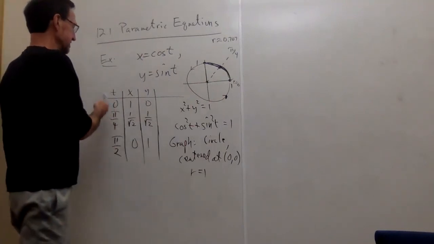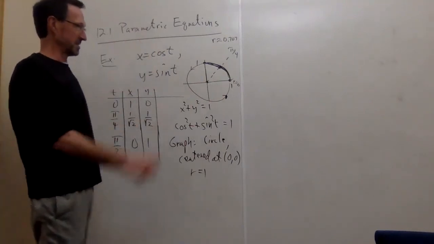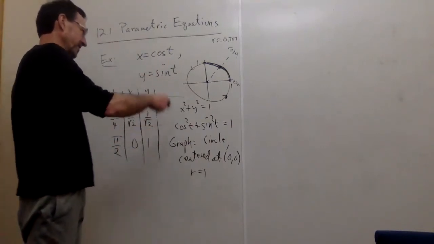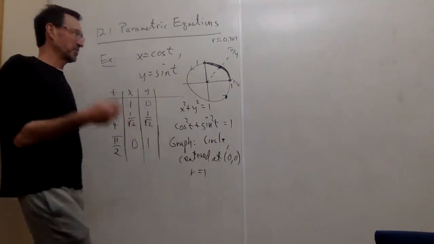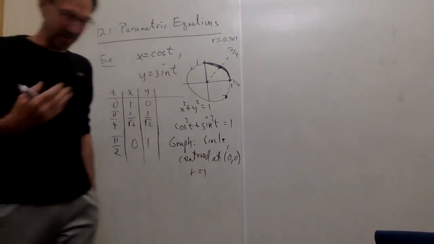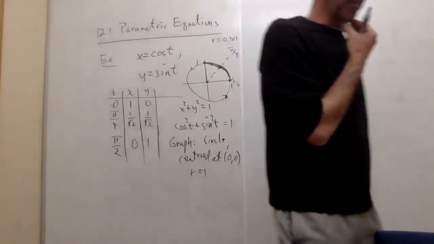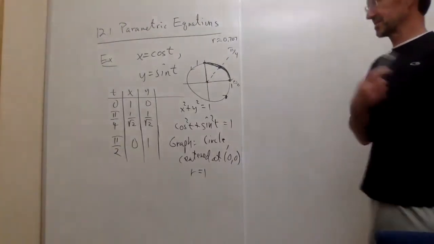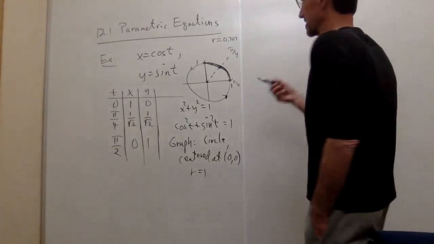As t starts at 0 and heads into positive numbers, we just retrace the circle over and over. Again, it takes 2 pi radians, a value of t of 2 pi, to get completely around the circle. I think it's not too hard to believe.